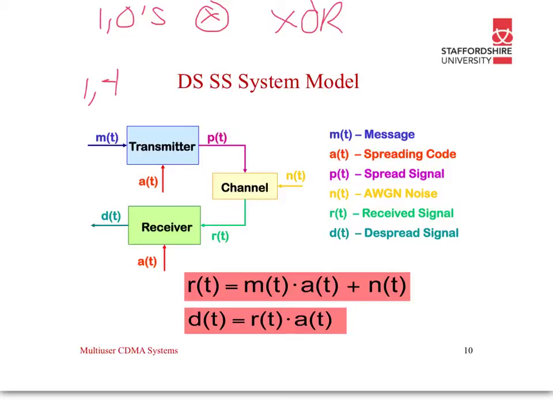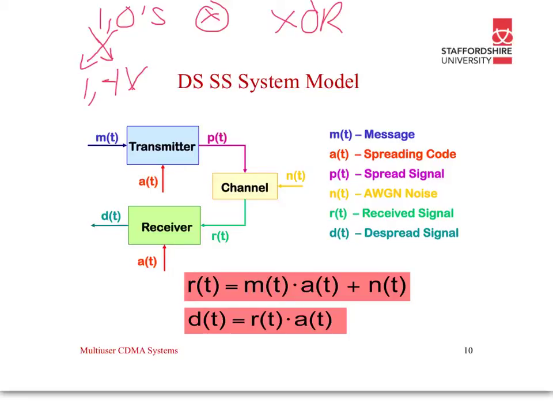We use exclusive OR when we're using logic gates, whereas we use ones and minus ones when we're thinking in terms of voltages. We'll need to convert the 1 into, say, 1 volt and a 0 into minus 1 volt, or we do it the other way around. It just depends, as long as the transmitter and the receiver both do it the same way around.